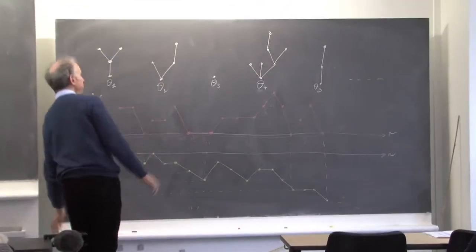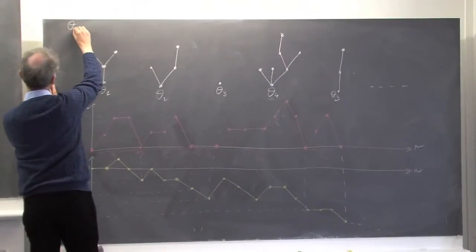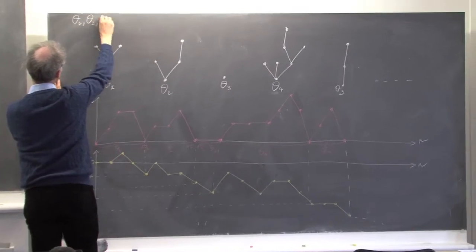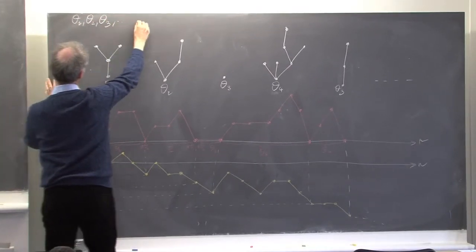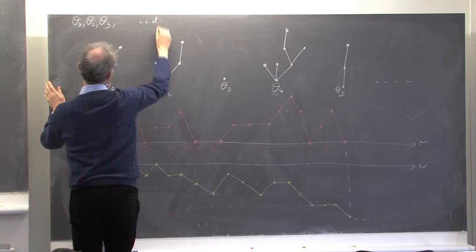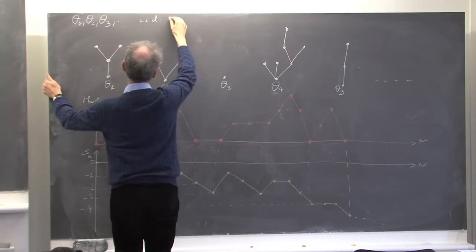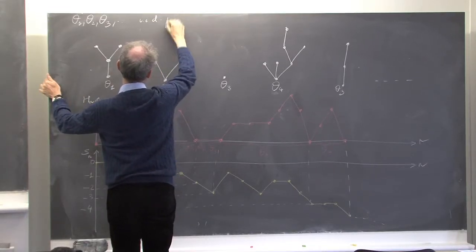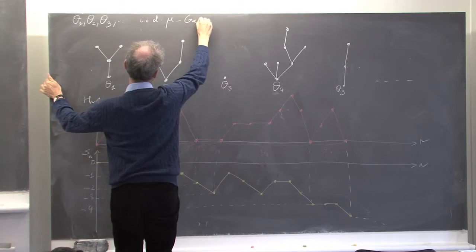Okay, so the starting point is a sequence theta 1, theta 2, of independent trees, and these are, in my notation, mu Galton-Watson trees.